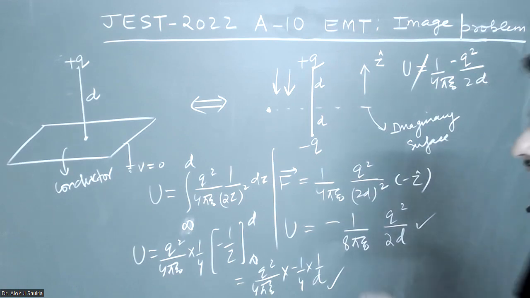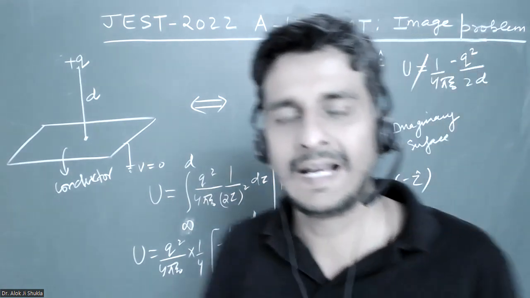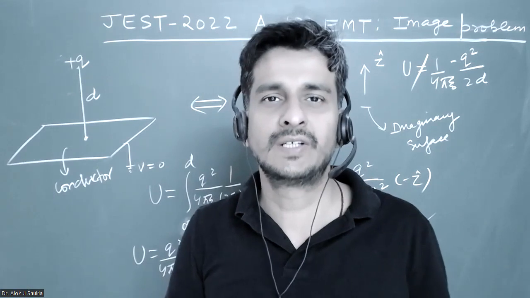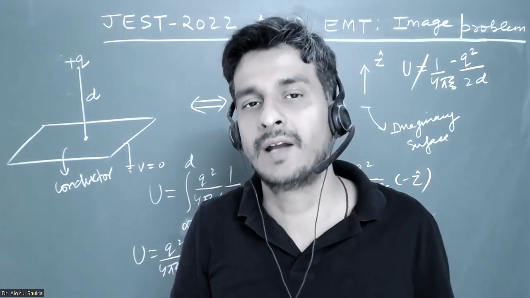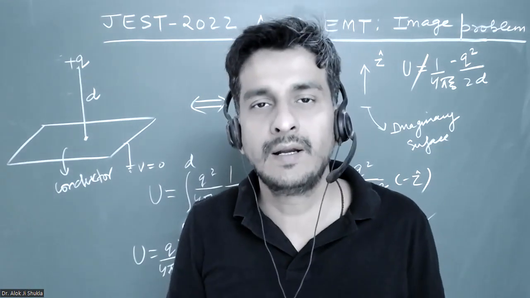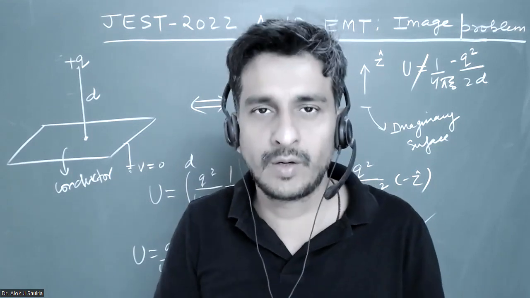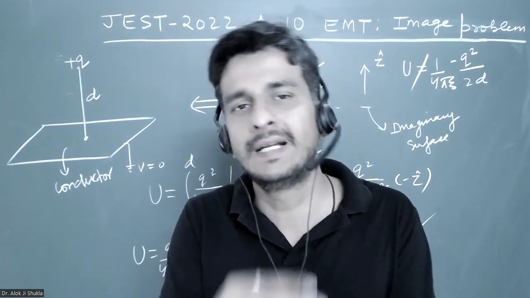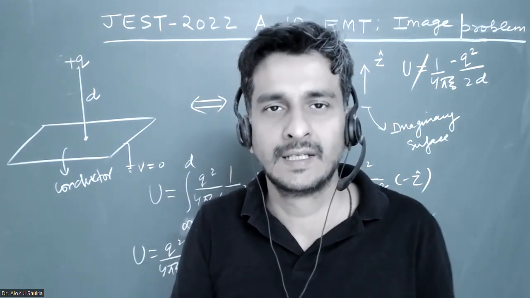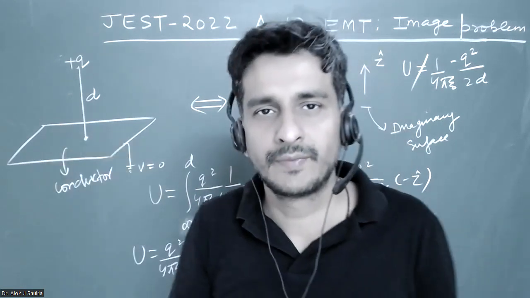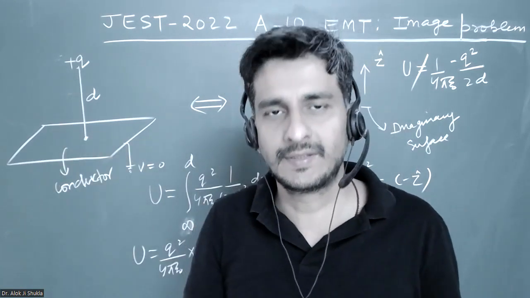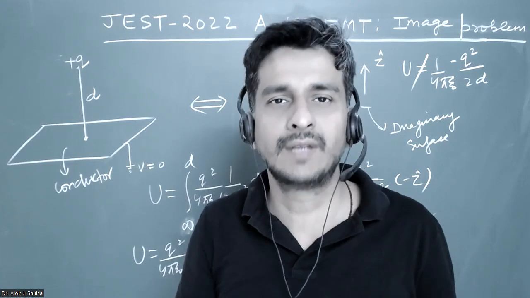Okay, so this is a very interesting question, and actually this question is about the uniqueness theorem. Are you clear in your mind about the uniqueness theorem and the Poisson equation? In the Poisson equation, del square phi depends on rho. On the right hand side you have rho over epsilon naught with a negative sign.